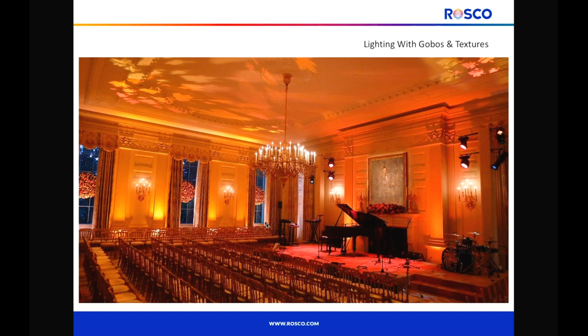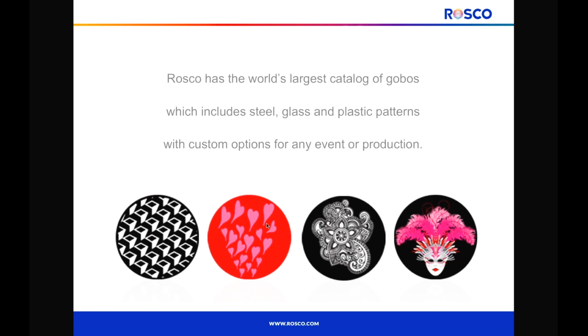This was, again, a stock gobo. It was a fall event. Some of the ideas were around apples and the sort of foliage that comes in the fall spirit. So we wanted to use split color with a texture on the ceiling and just do a little painterly sort of whimsy up there.